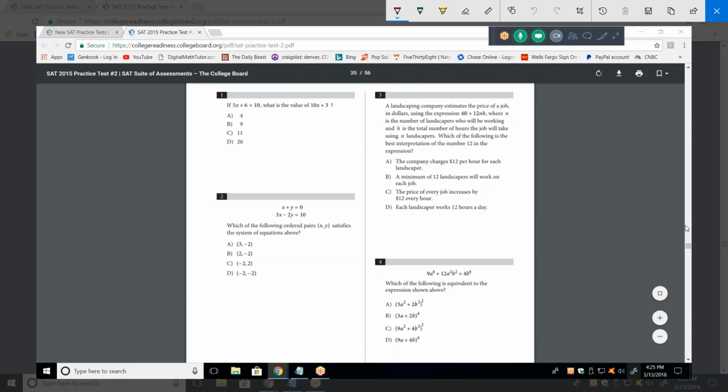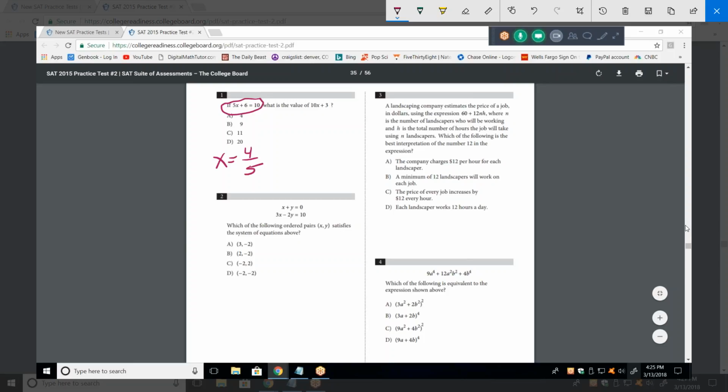Tell me what your first step is. What can you do when they tell you this? Putting a number in for x? No? Can you solve for x? No. Yes, you can. That's one equation and one variable. That always means you can solve for it. If I do the math here, I get x equals 4/5.